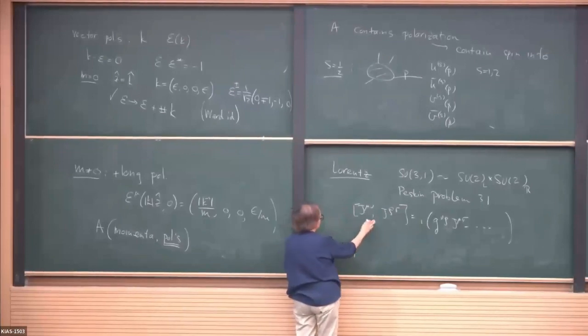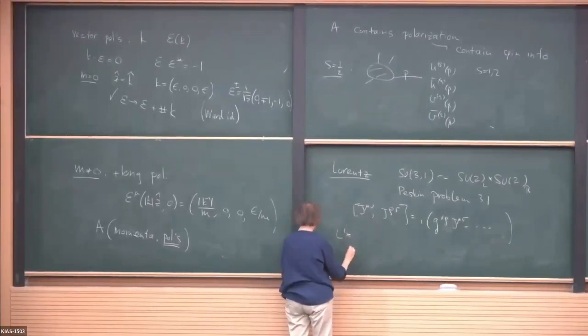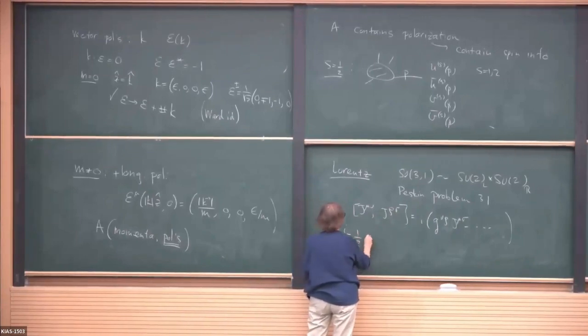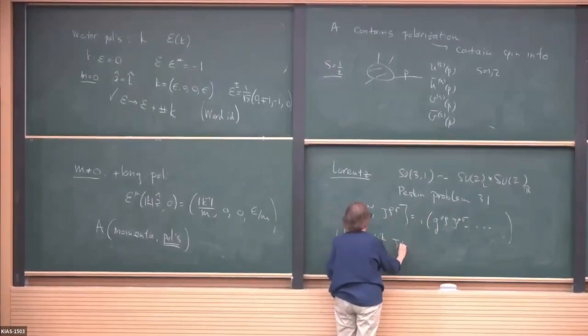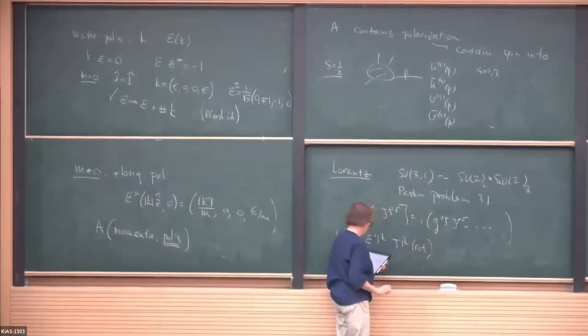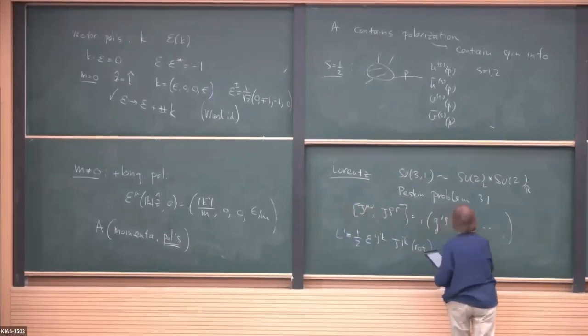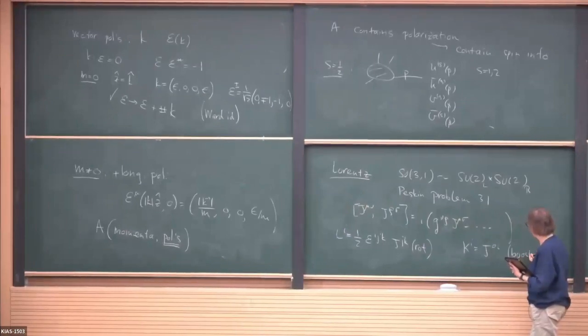And then we can take combinations of the Lorentz generators. We can define the L_i, which is 1/2 epsilon_ijk J_jk. These guys give rotations. And then we have the K_i, which are J_0i. These are the boosts.